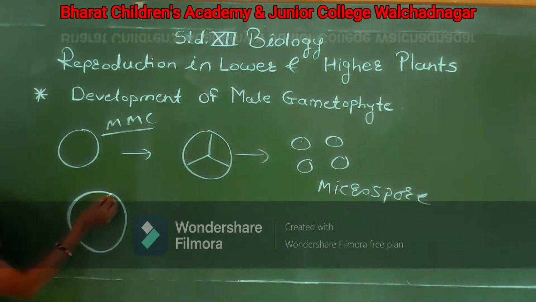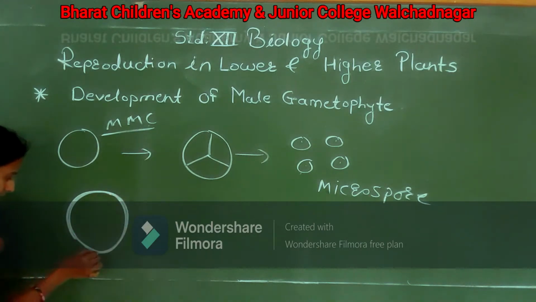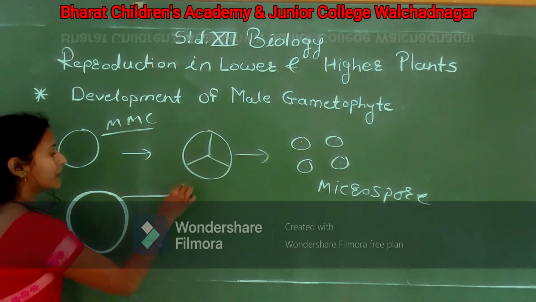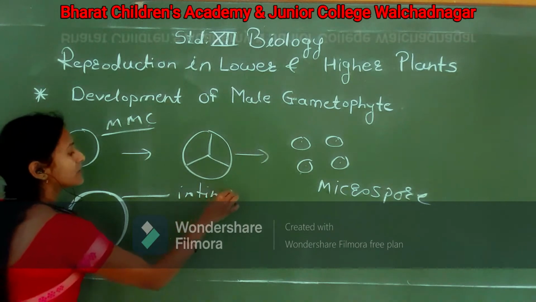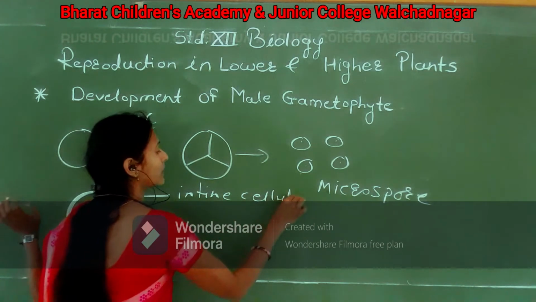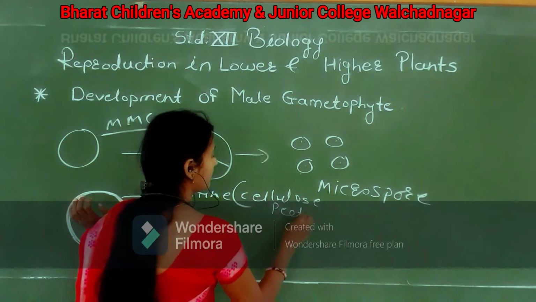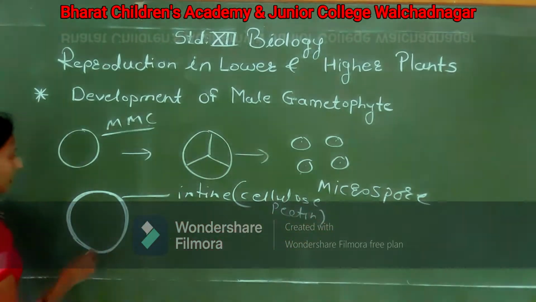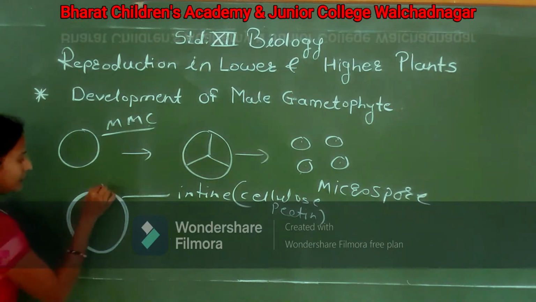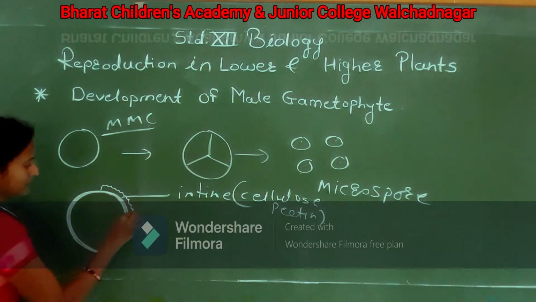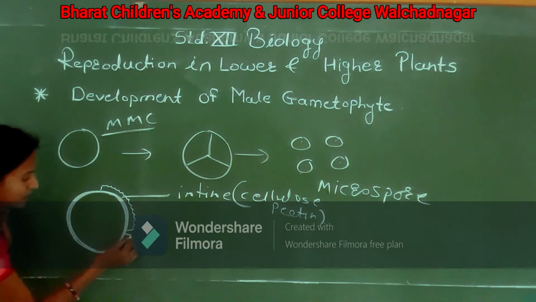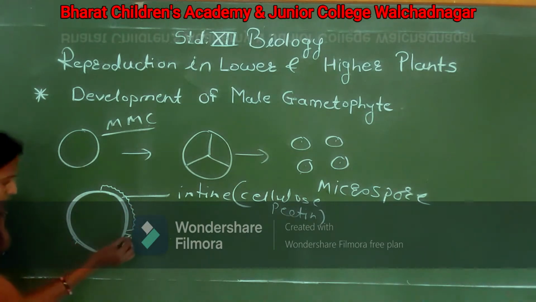So see, this is the intine layer, and this intine is made of cellulose and pectin. Then the outer layer, exine, is there. Exine is not a smooth or uniform layer.